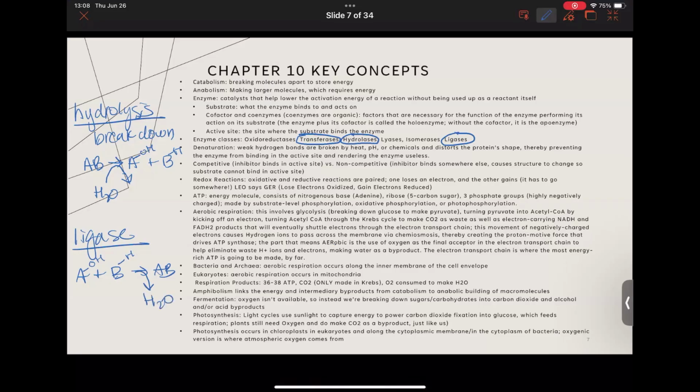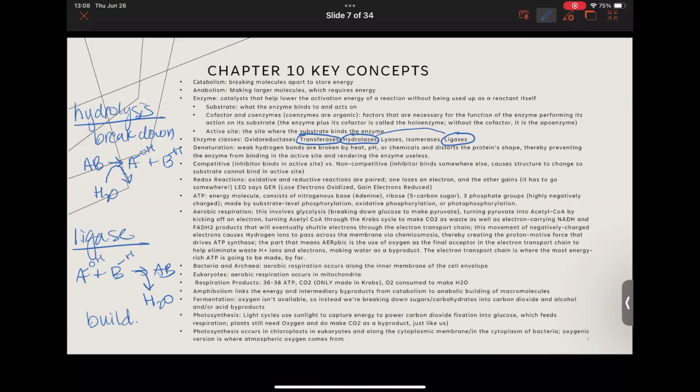It's literally the opposite. So that's why I always try to bring them together, because they kind of happen at the same time. So in order to build molecules, we'll create water as a byproduct. In order to break down molecules, we'll break down water to help break apart the other products. So that's how ligases and hydrolases are related.